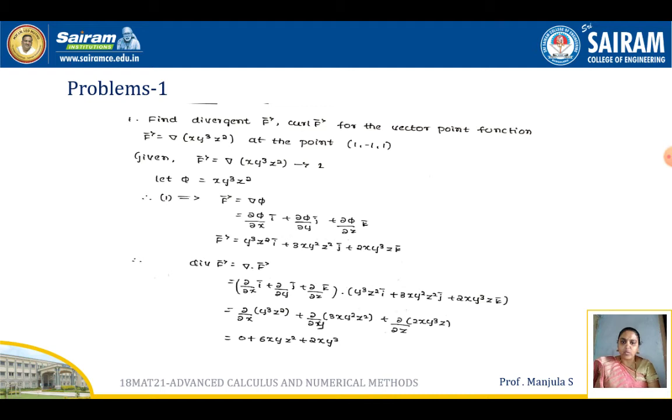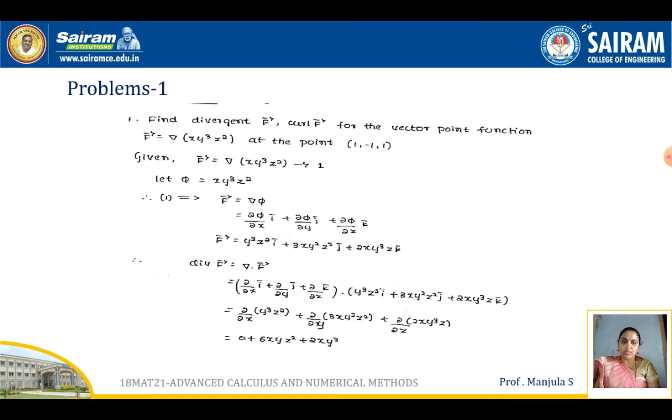That into vector f, the solution we just got. That solution we have to substitute here: y cube z square i cap plus 3 x y square z square j cap plus 2 x y cube z k cap. Now we should do the multiplication of these two vector functions.